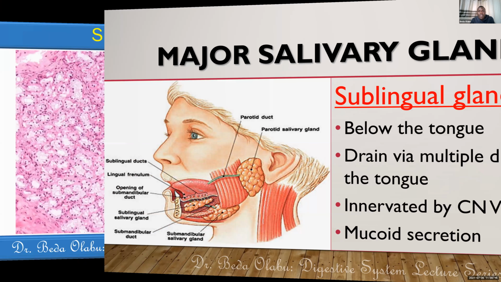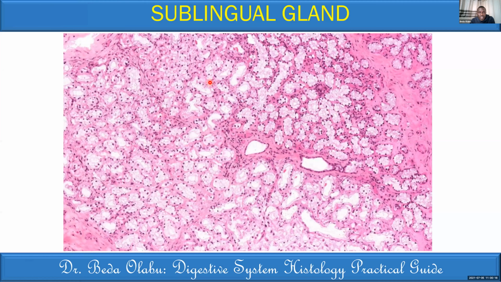Histologically, this is how the sublingual gland will look like. Several concepts we've already underscored when we talked about parotid gland. The main thing I want to highlight is that the parenchyma of the sublingual gland will now be made up of predominantly mucoid acini instead of predominantly serous acini.